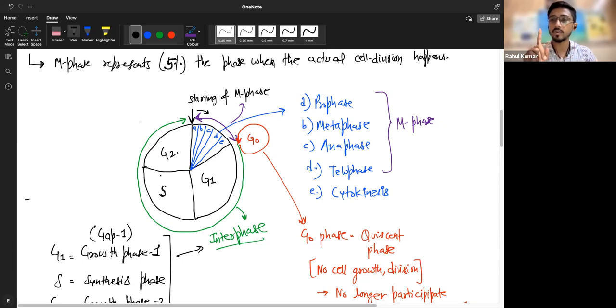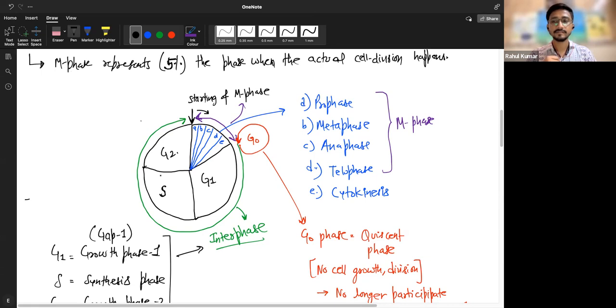So if you see single chromatids, you will say that the cell has not yet doubled its DNA. That's why all the chromosomes are just single chromatids. If you start seeing this X-like appearance, you will know that S phase has been done. But basically the cell is just growing. So it is very difficult to say where G1 stopped and S started.